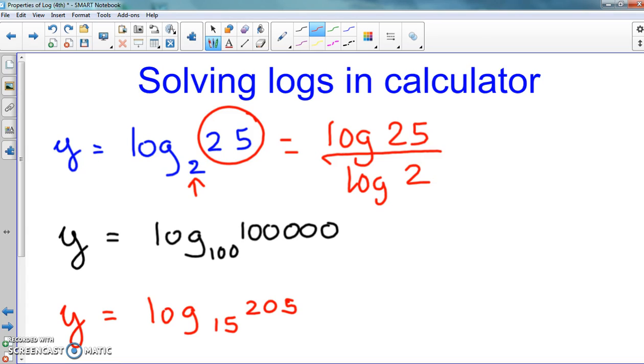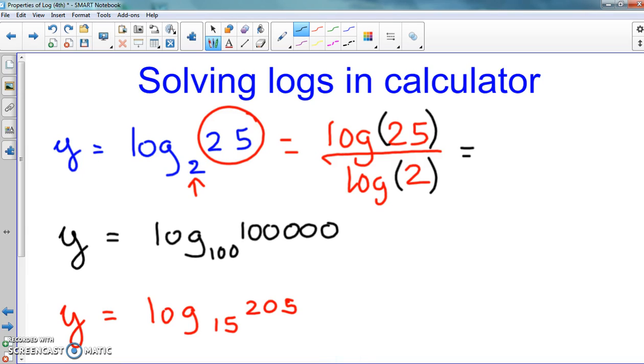And then we hit enter so we get that fraction bar there. Go ahead and hit log. You put 25 inside the parentheses and close parentheses off. So again, make sure you have your parentheses there. And then you go down, you do log 2. And again, make sure you have your parentheses around the 2. And then we hit enter.